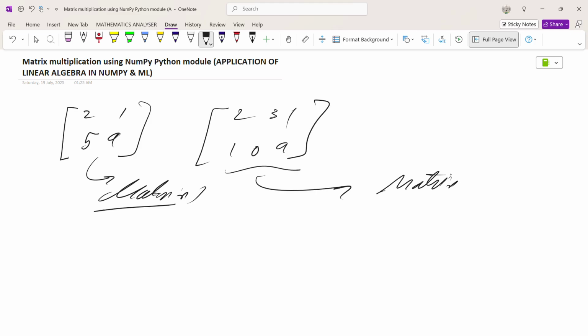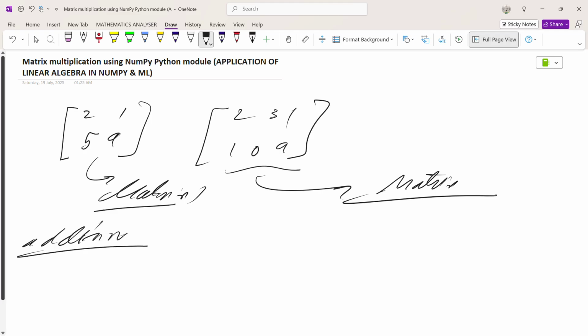Now there are some things that need to be analyzed. When we talk about the addition of matrices, what are the rules?